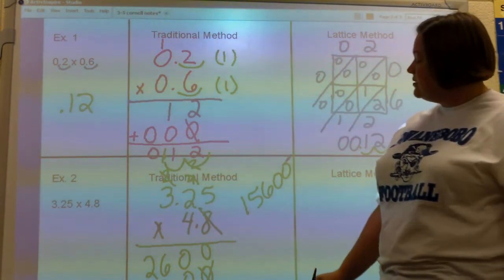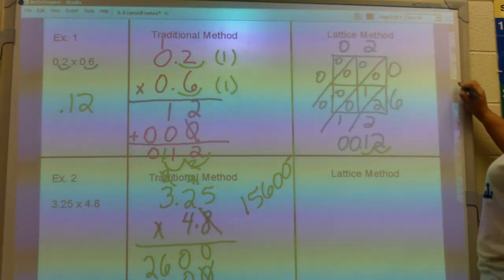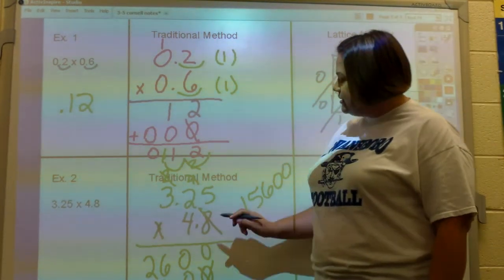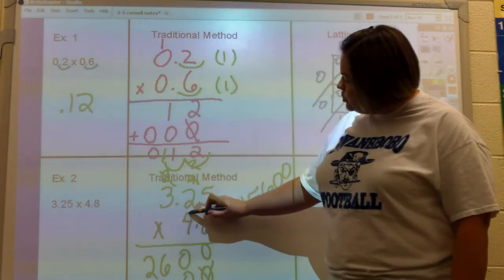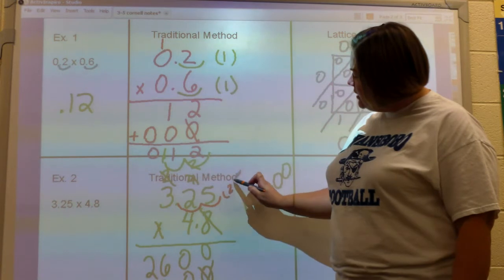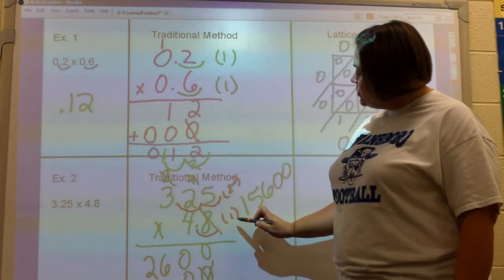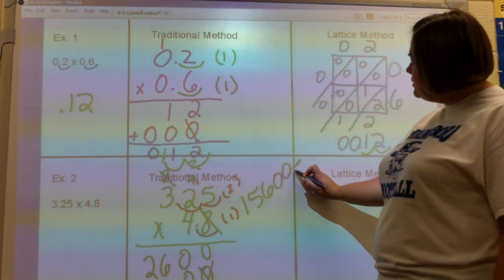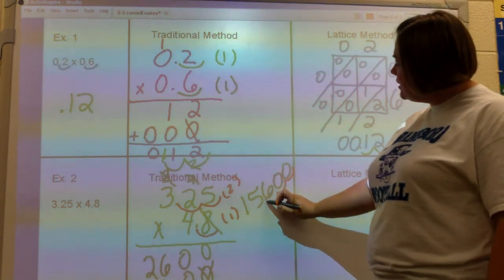I'm going to go back into my original problem where the decimals are still in there and decide how many places over I need to put my decimal in my answer. So I'm going to look once, twice. This would be 2 places, and this is 1 place. So 2 plus 1 is 3. So in my answer, I start all the way at the end and move left 3 places, once, twice, 3 times.